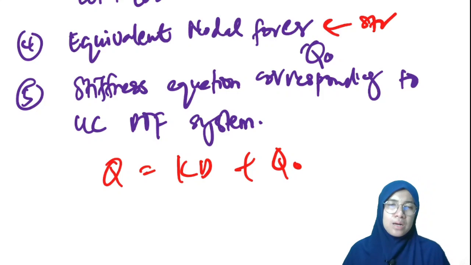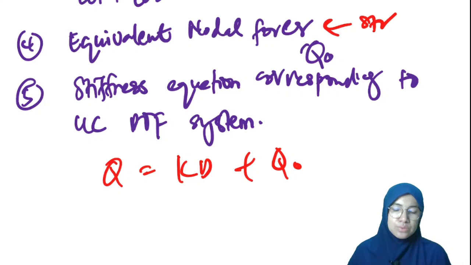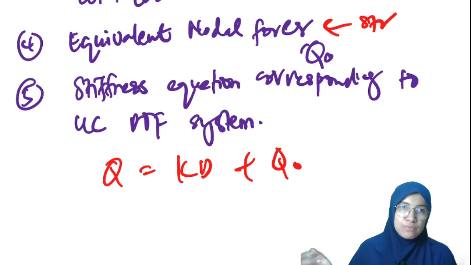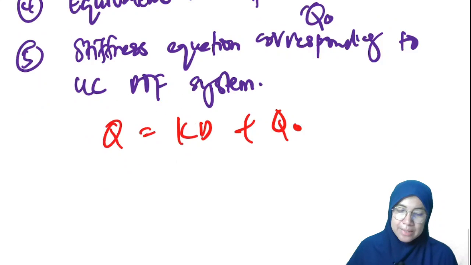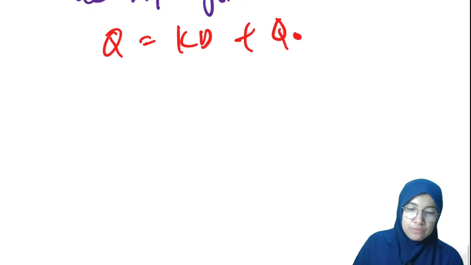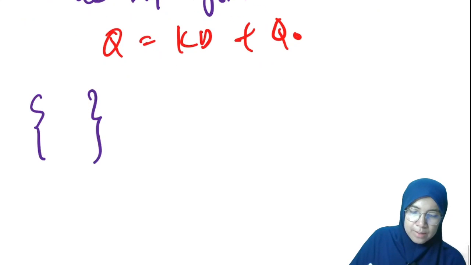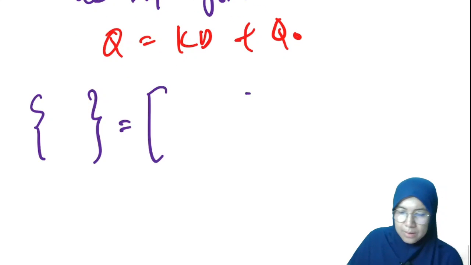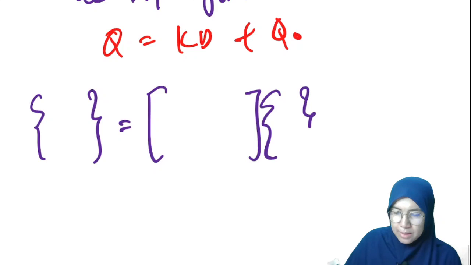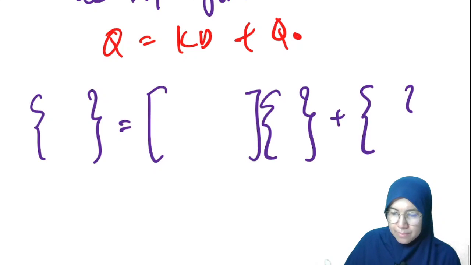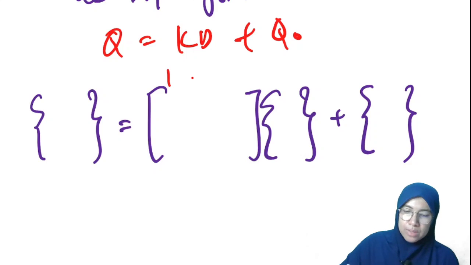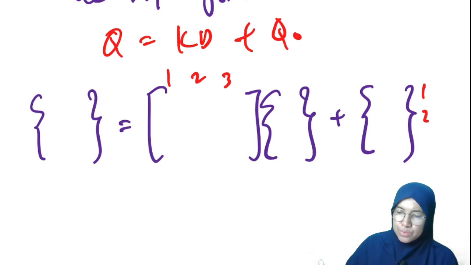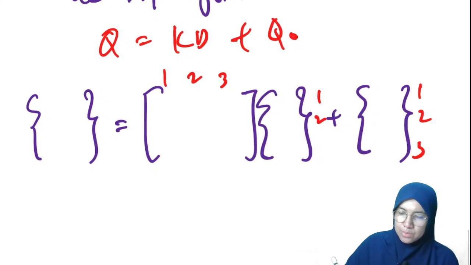So our task now is to find whatever values to fill in this one: K, D. This means we want 1, 2, 3 and 1, 2, 3. This is also 1, 2, 3.